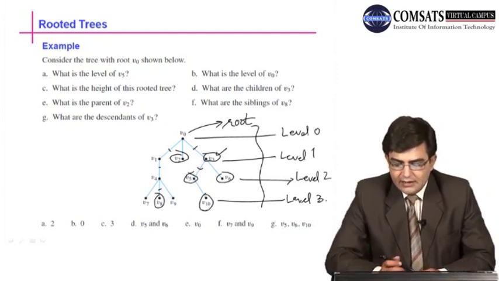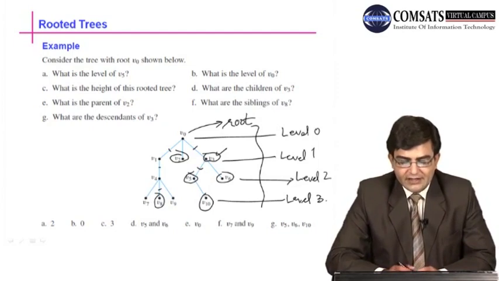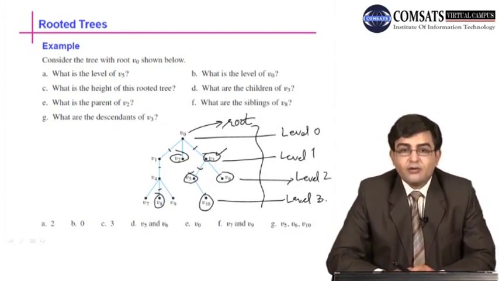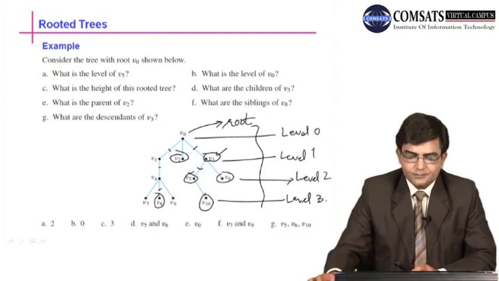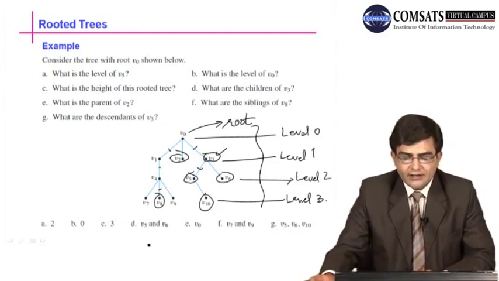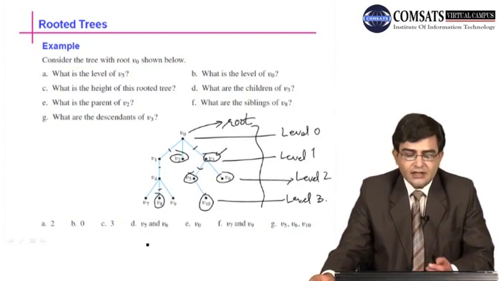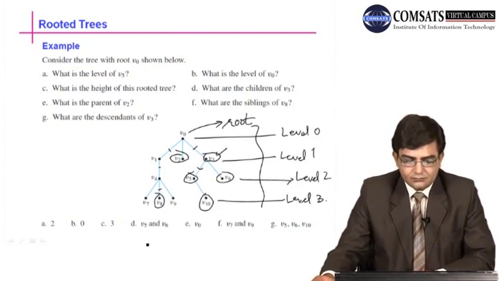These are all descendants of v3, and v3 is the ancestor of all these vertices. So this is how we can describe rooted trees and compute levels, parents, siblings, children, descendants, and ancestors in the rooted tree.